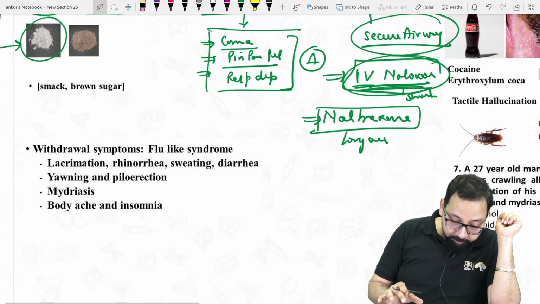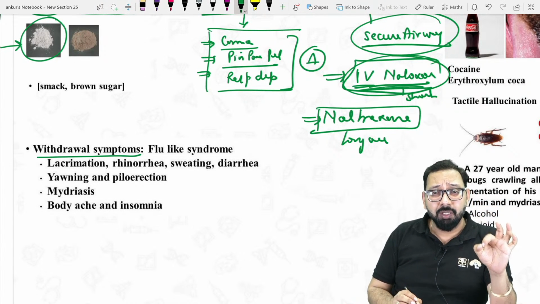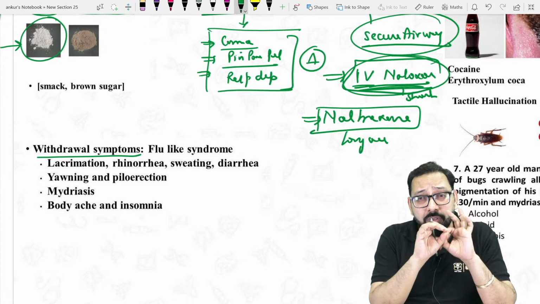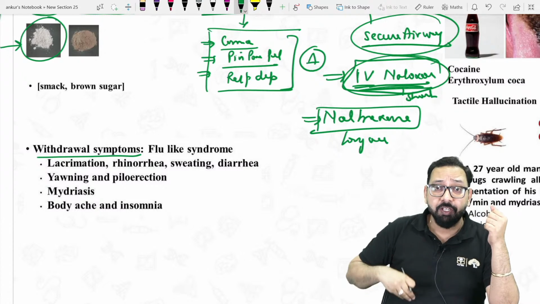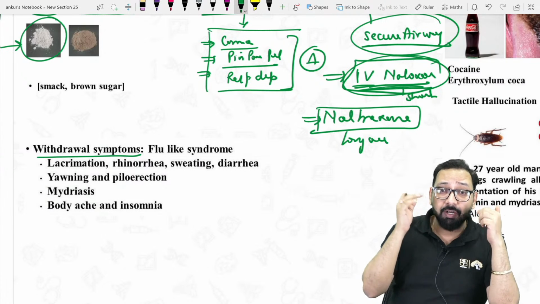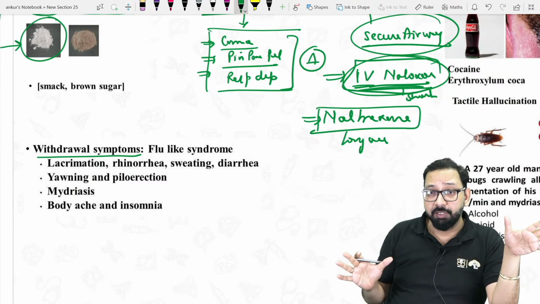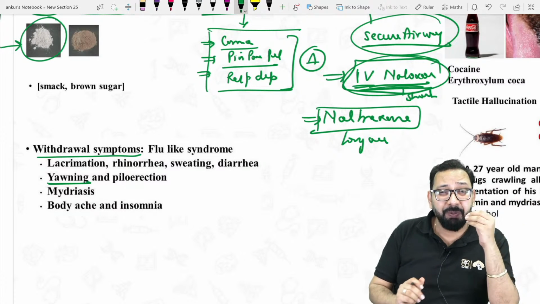Withdrawal symptoms, frequently asked question. All secretions are increased. Nasal secretion increase, GI secretion increase, diarrhea, sweating, lacrimation, rhinorrhea. And there would be yawning, a specific symptom.